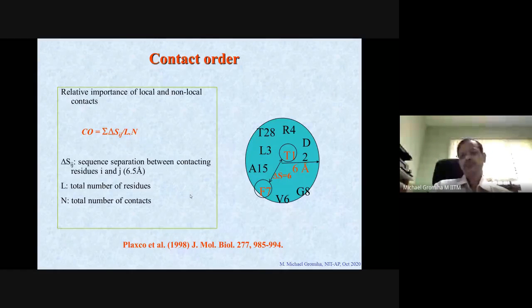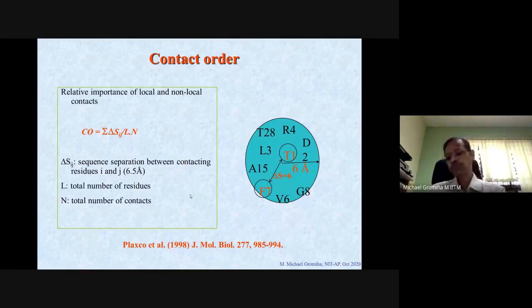Medium range contacts, long range contacts, right? How to define long range contacts? Yeah, they are very close in space, but they are far away in the sequence. But why should the cutoff be 4 residues? Sometimes we can use a larger cutoff to define the long range contacts.